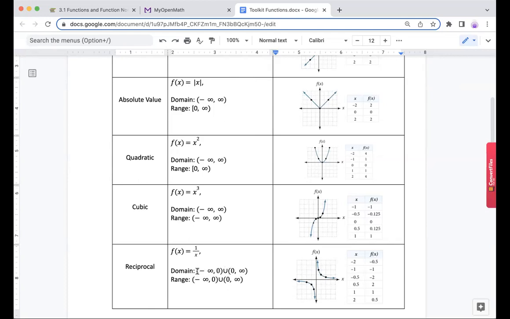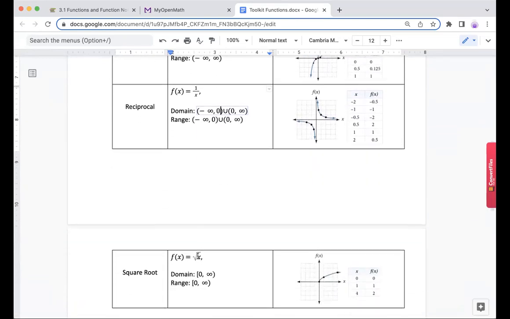So it's from negative infinity to 0, but not including 0, this symbol right here means not including 0. And then from 0 to infinity, right? So you leave out the 0. So later, when you have any reciprocal function with a letter in the denominator, you always set the denominator not equal to 0, and then you solve so that you will have the domain of the function.